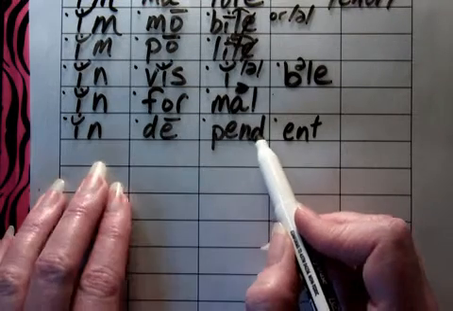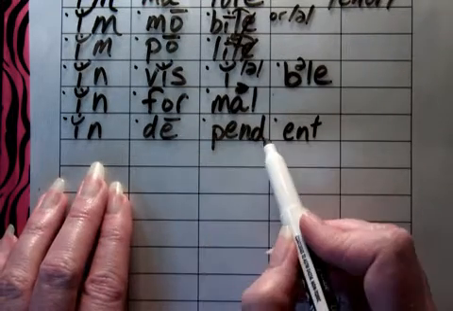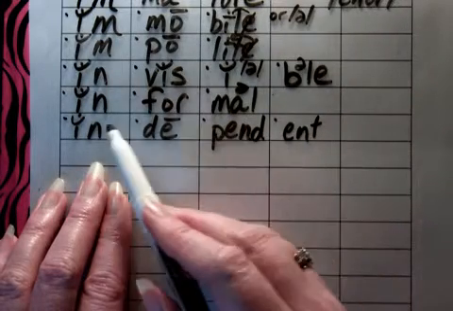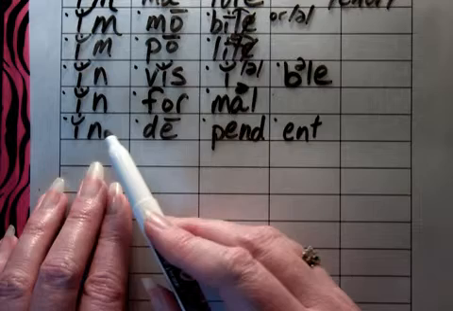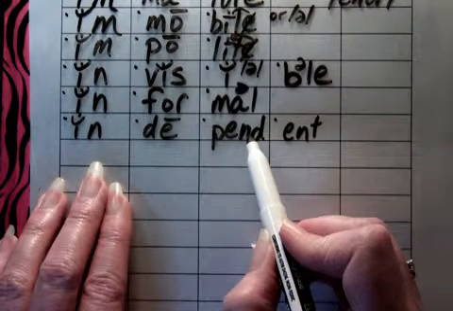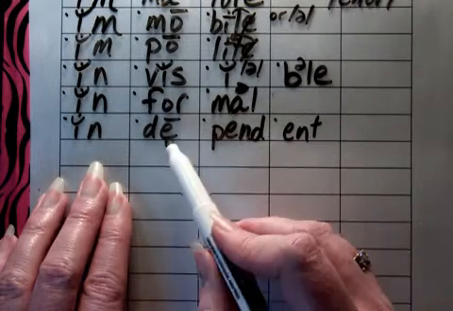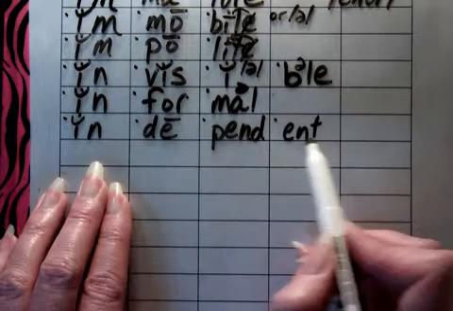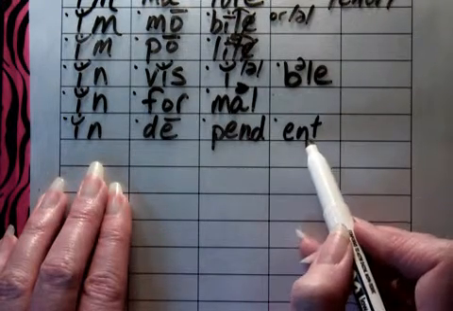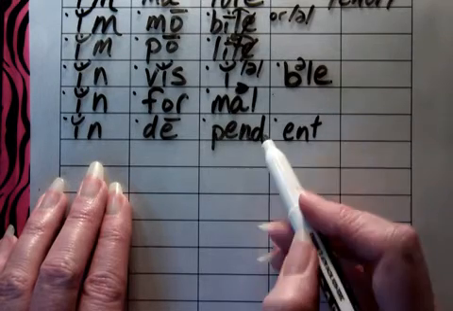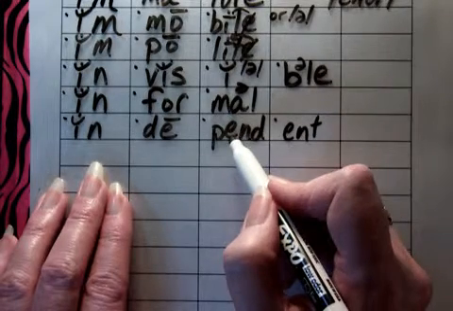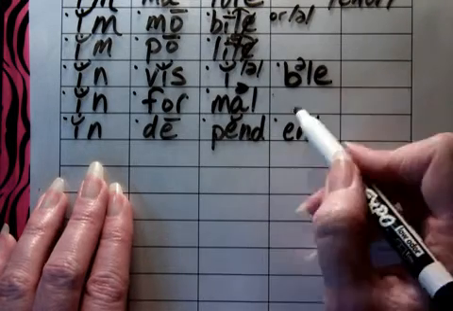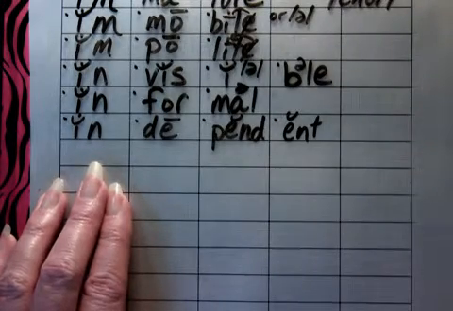Depend is the root word. Dependent is the person who depends. And independent is not dependent upon someone else. Depend is the base word. Ent is a suffix, so that actually is separate. But it doesn't change the vowel sound because it's still a closed syllable. It's a short vowel.